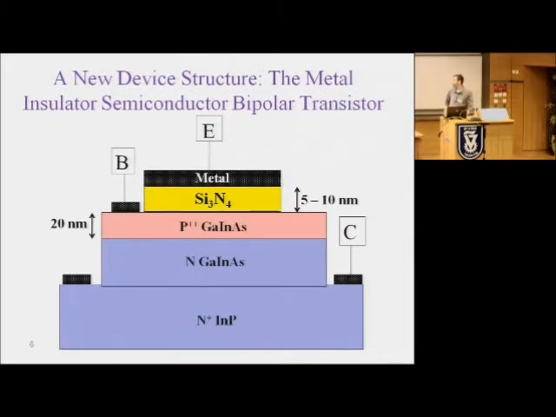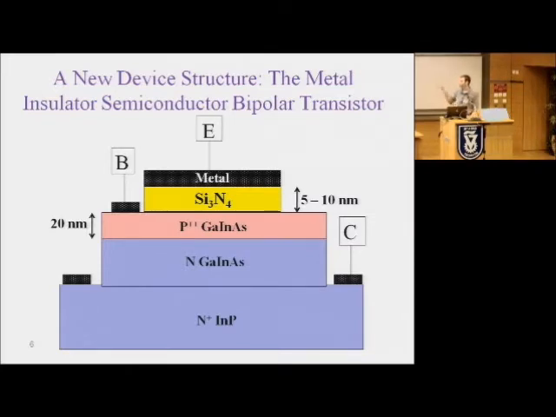In this study, we are using an indium phosphide substrate, and the PN junction is indium gallium arsenide. The reason is we originally designed this device for high-speed applications, but as soon as we started measuring these thin insulating films, we saw the resistive switching behavior, and that was very interesting.